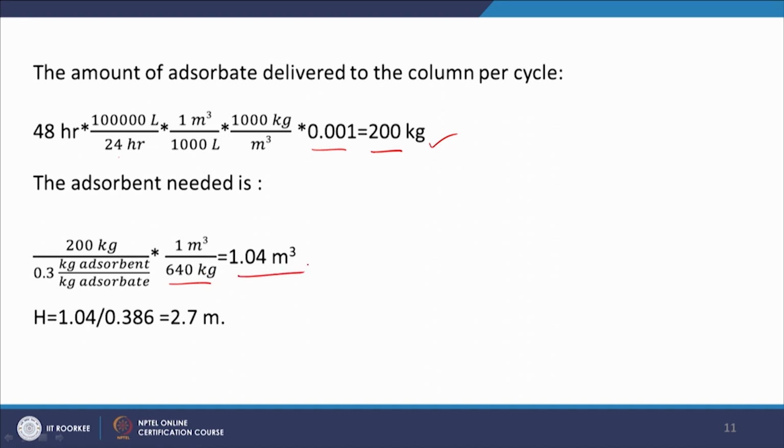So, we are getting the volume of the adsorbent, that means it is the volume of the packed bed, and then height will be volume by area. So, volume we are getting 1.04 meter cube, and area we have got 0.386. So, height is equal to 2.7 meter. That way you can calculate.